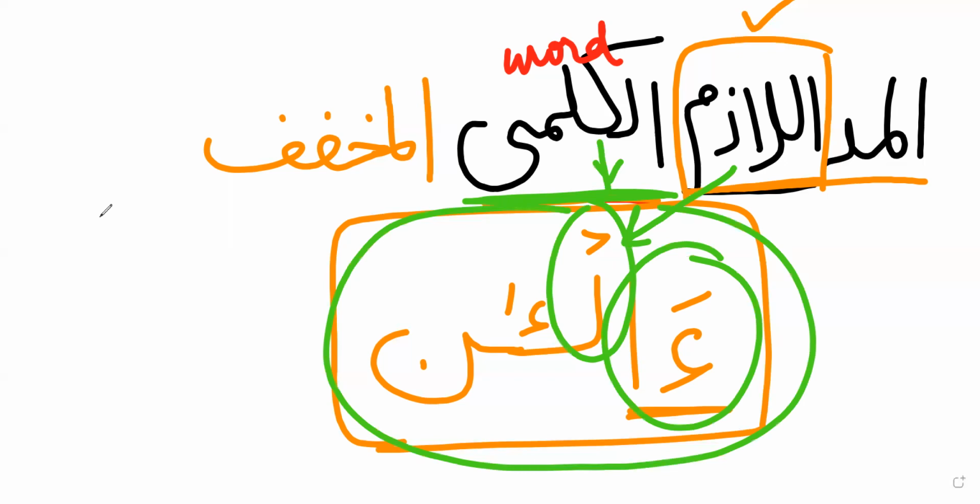And mukhaffaf means that this letter, which has a sukoon, which is lam sukoon, should not be merged with the next letter. So what is right after lam sukoon? Yes. And do you think that lam sukoon is being merged with hamza by any chance?